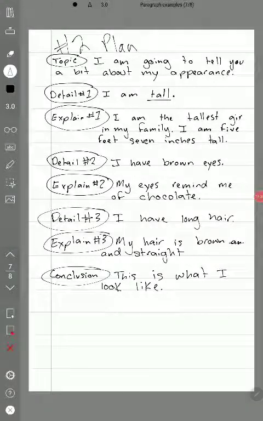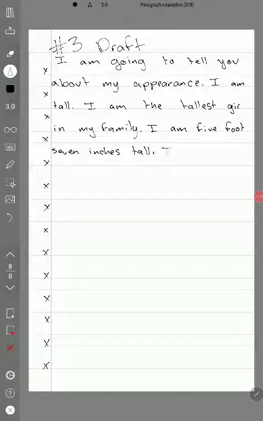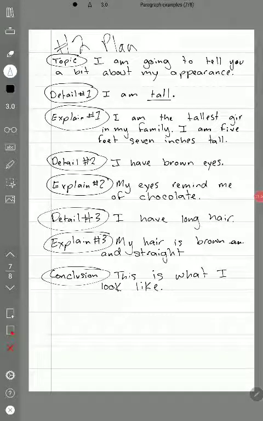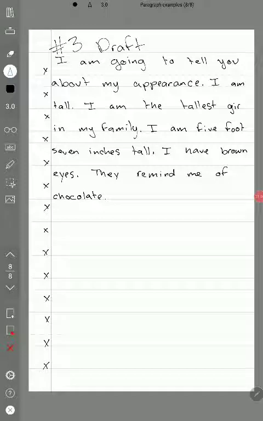Back up, brown eyes, chocolate. I have long hair, it's straight brown.